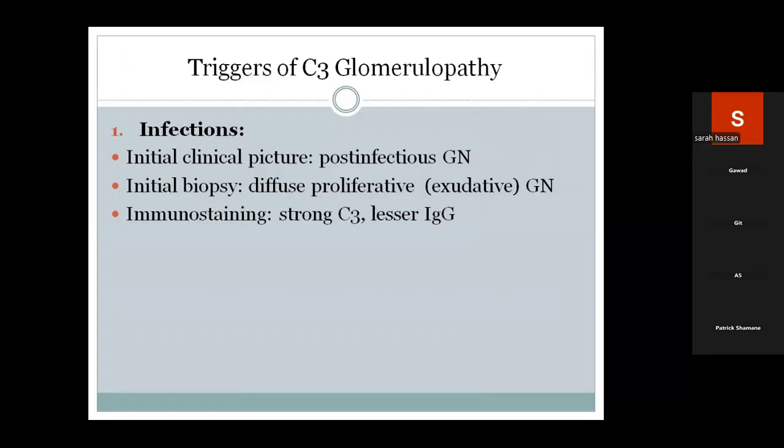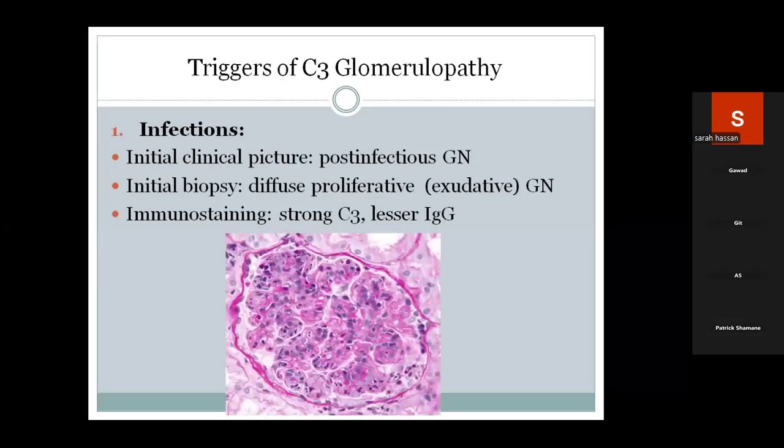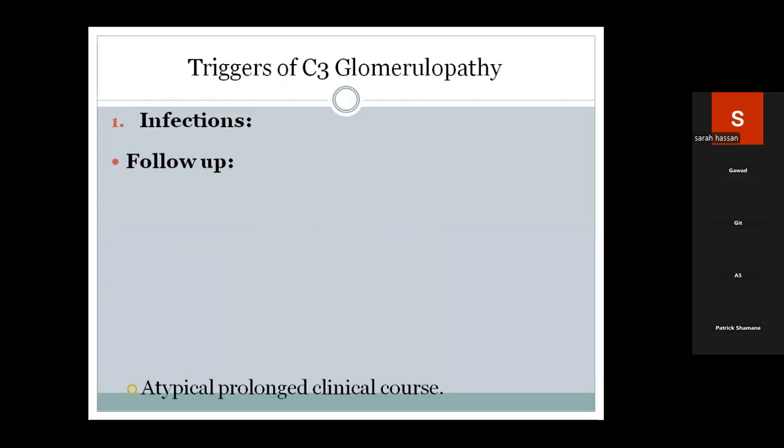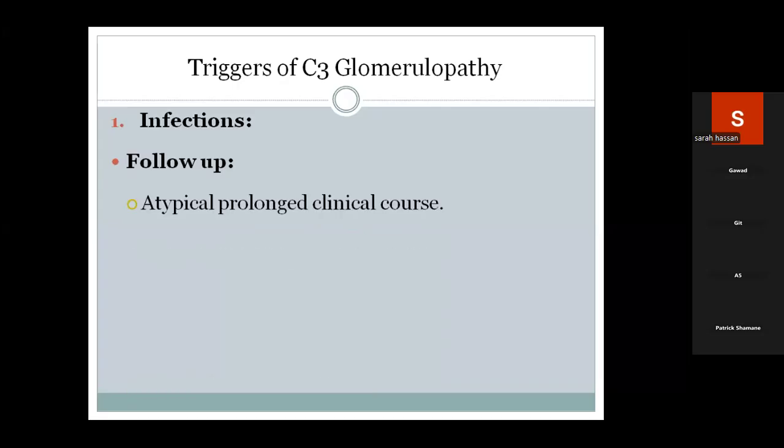Immunostaining shows strong C3 and lesser IgG, a picture of acute diffuse proliferative GN with polymorphs. The follow-up will show a prolonged clinical course and persistently low serum C3 for more than 6 to 8 weeks, and an electron microscopic picture of C3.